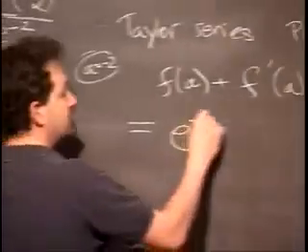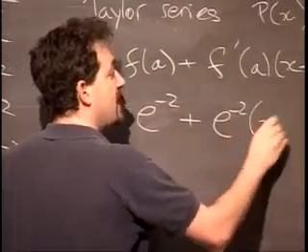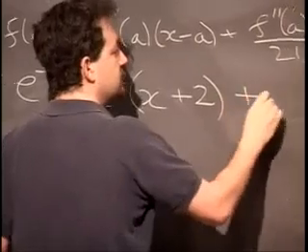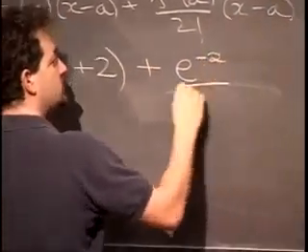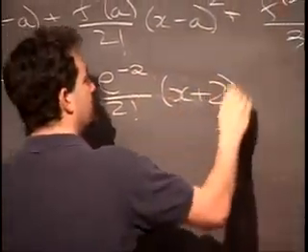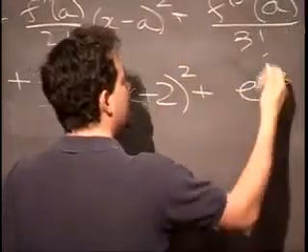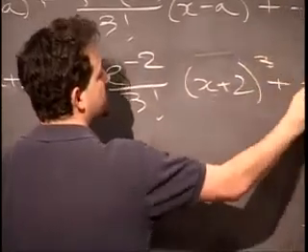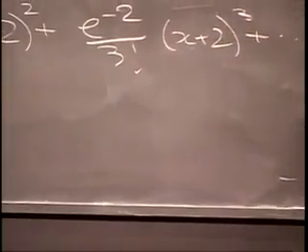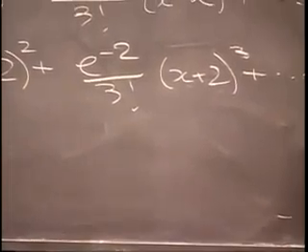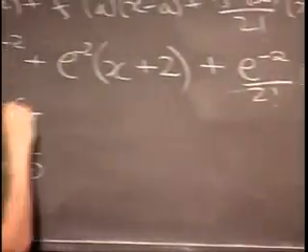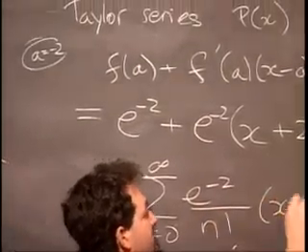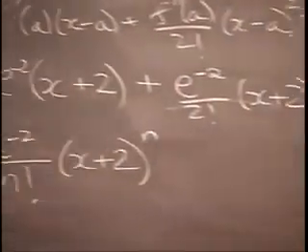So it's e to the minus 2 plus e to the minus 2 times x minus minus 2, which is actually x plus 2, plus e to the minus 2 over 2 factorial times x plus 2 all squared, plus e to the minus 2 over 3 factorial times x plus 2 all cubed, and so on. And that's the Taylor series. If you want, you can get fancy and write it as a sum: e to the minus 2 over n factorial, x plus 2 to the n, and it never stops.